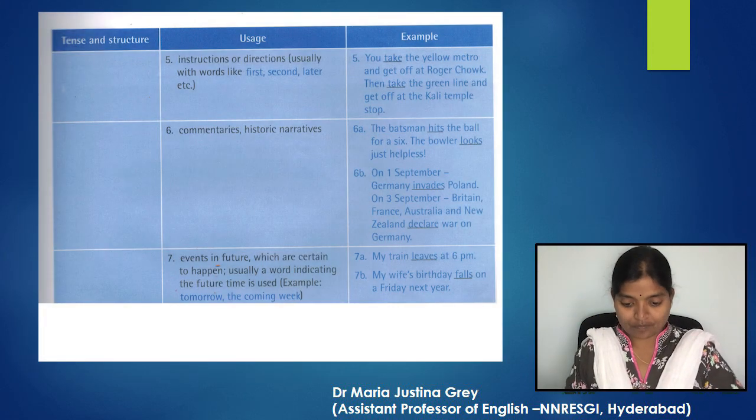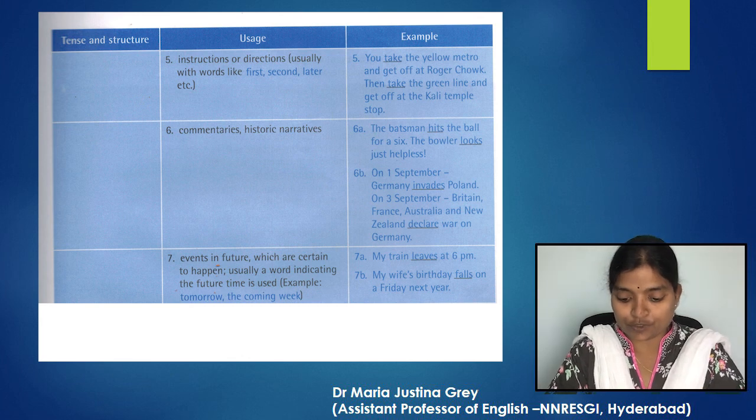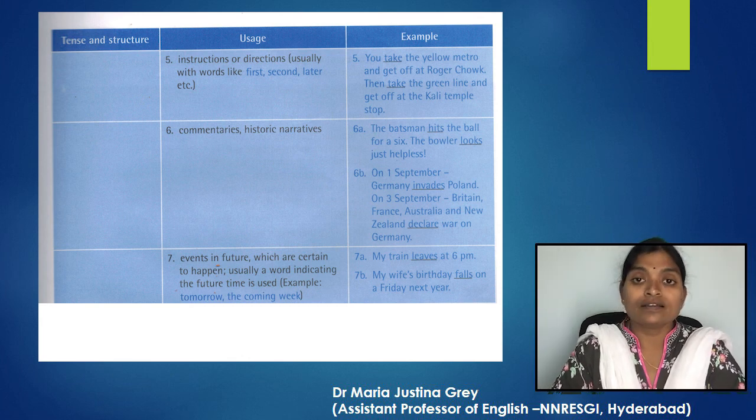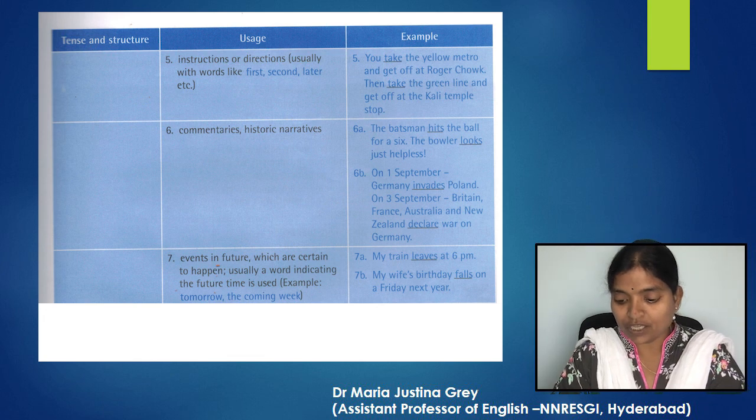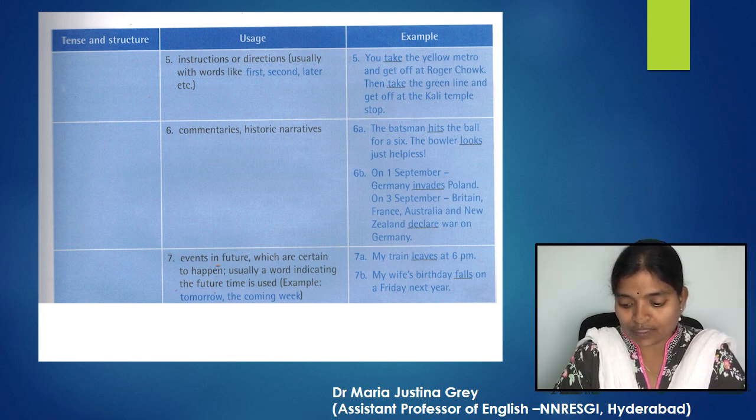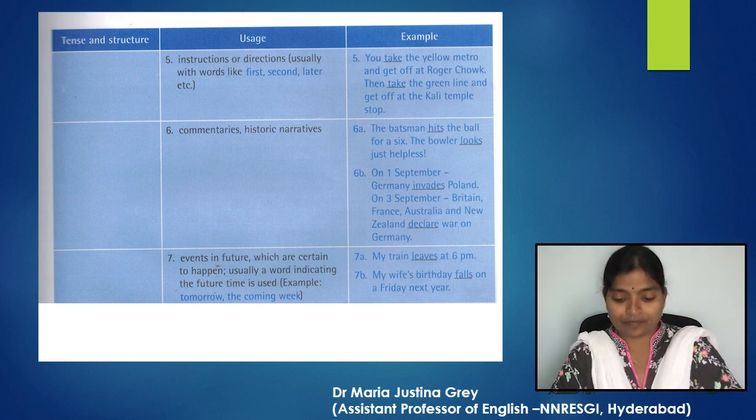Number 5. Simple present is used for instructions or directions, usually with words like first, second, later, etc. For example, you take the yellow metro and get off at Roger Chowk. Then take the green line and get off at the Kali Temple stop.